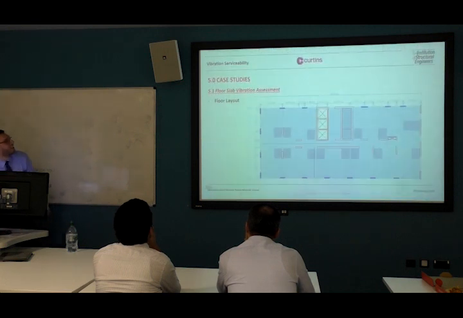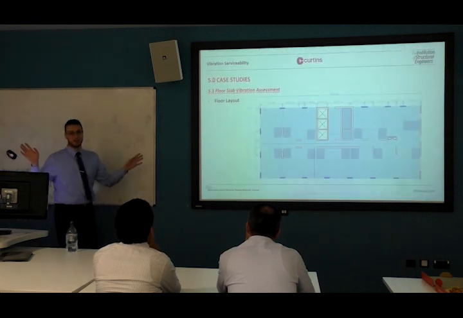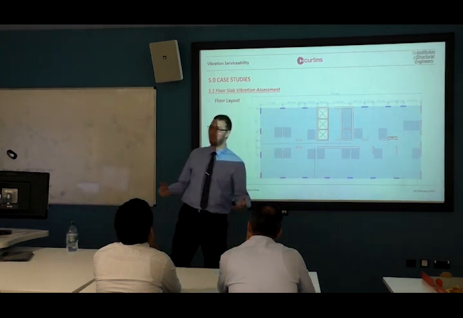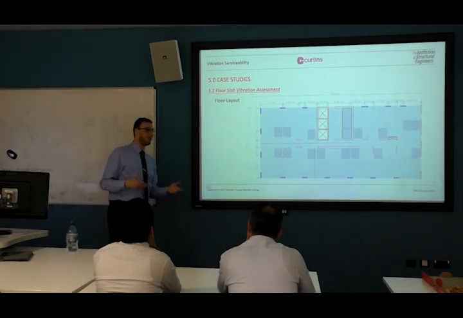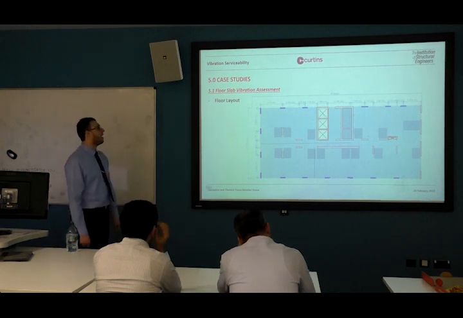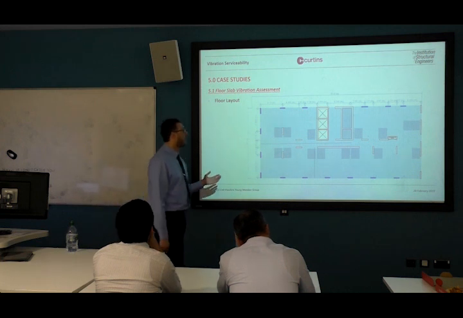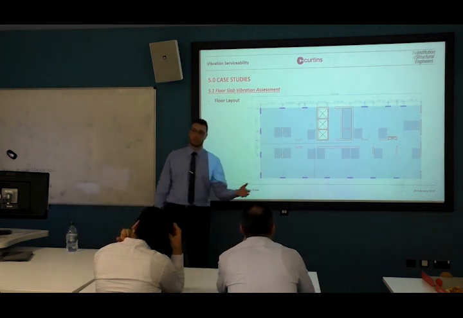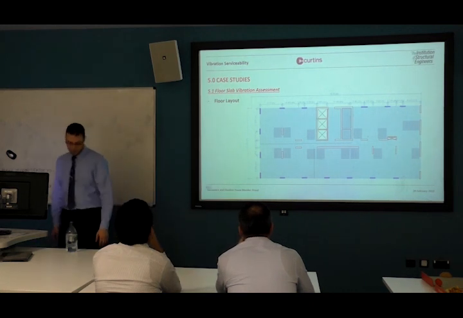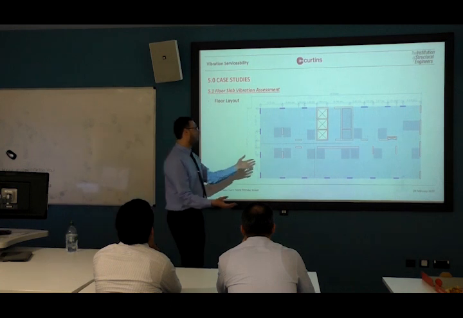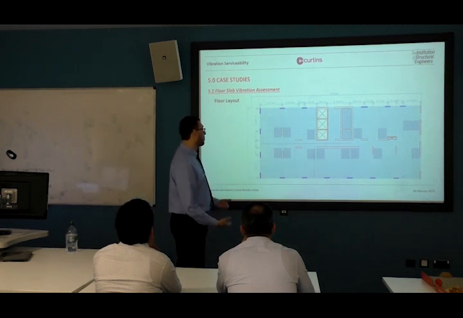All right, so I think we're done with how to apply the loads and how we analyze it. I'll talk about some case studies we've done at Curtins. This is a typical floor from a 36 floor tower in Manchester, and we had to do the analysis of the floor vibration.